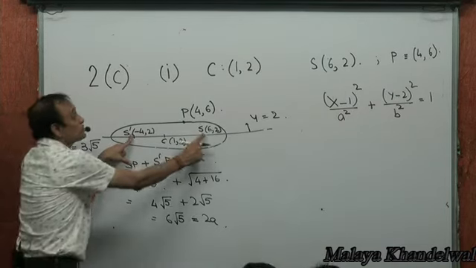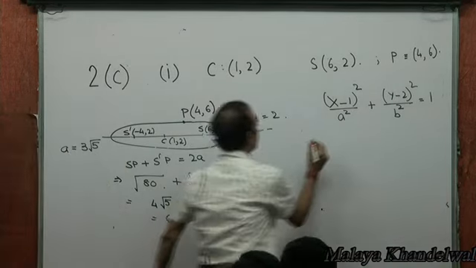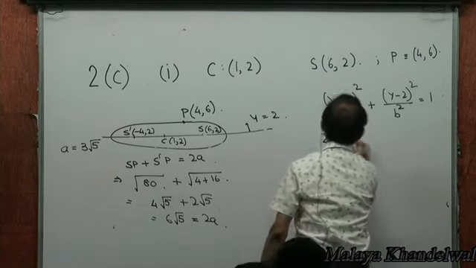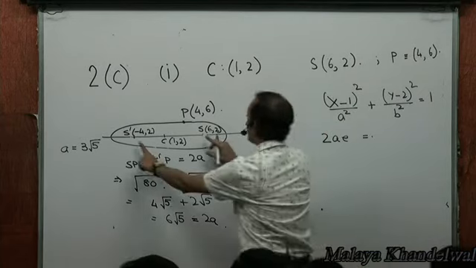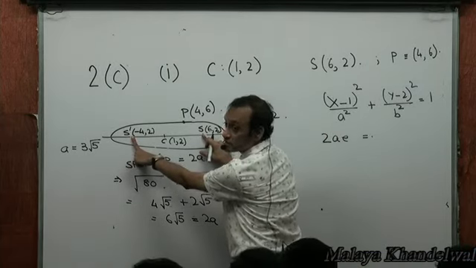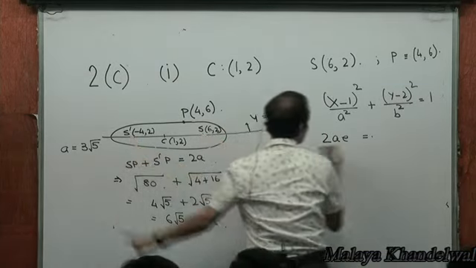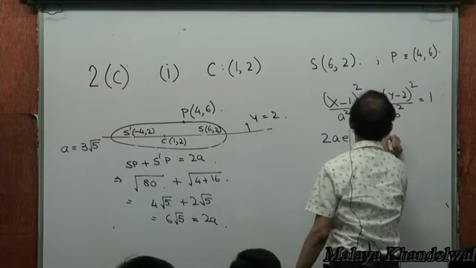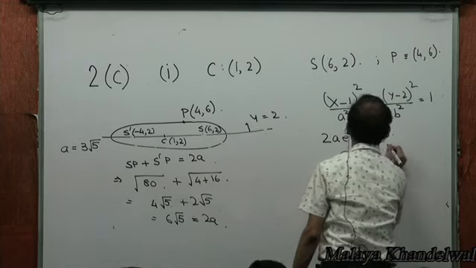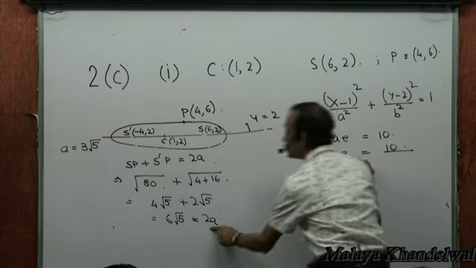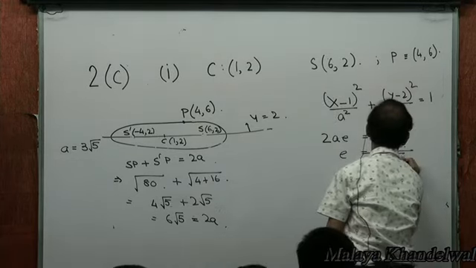Now the distance between the two foci is 2ae. 2ae is the distance between the two foci, and this distance is 10 units. This distance you can see is 10 units. And e then would be 10 divided by 2a, that is 6 root 5.